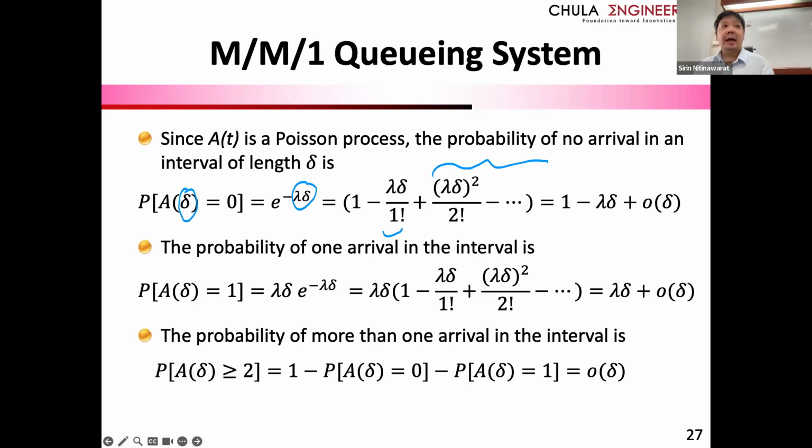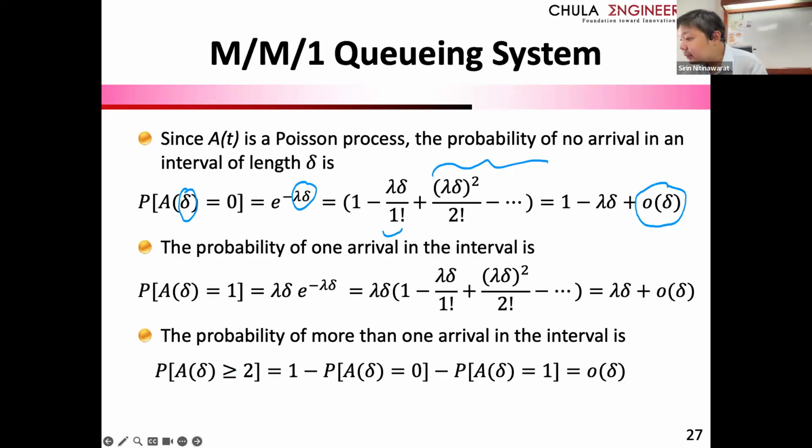So in asymptotic arithmetic, all these terms can be denoted with the following notation: little o of delta. What do you think that means? Little o of delta is any term that is going to zero faster than delta.